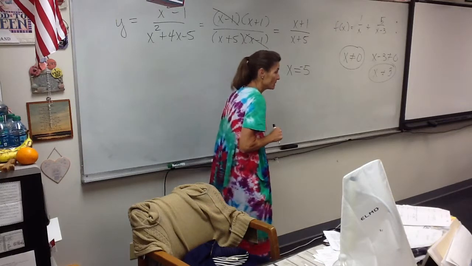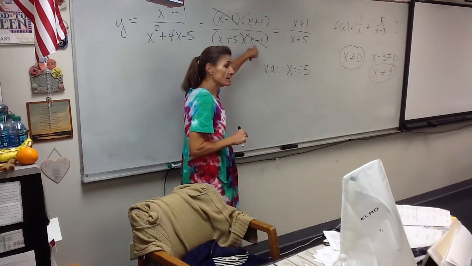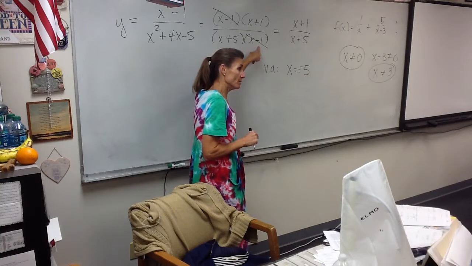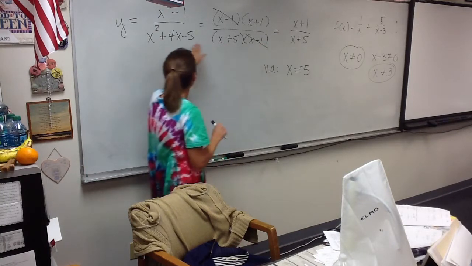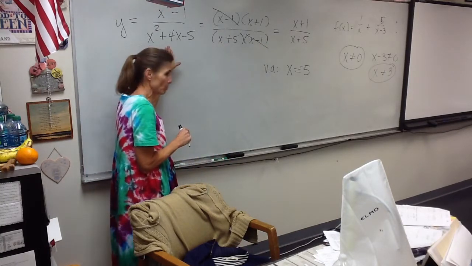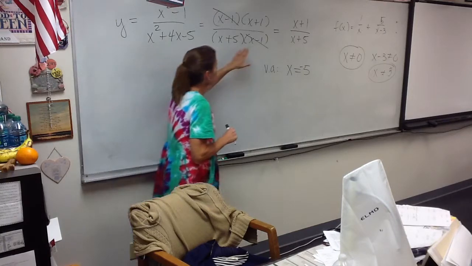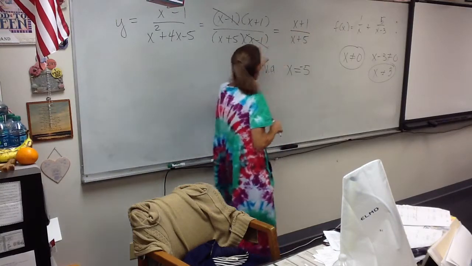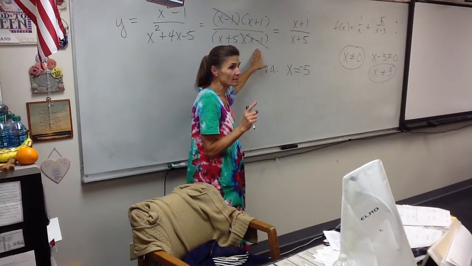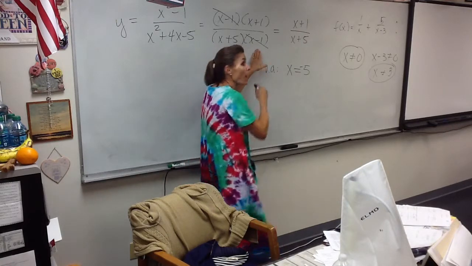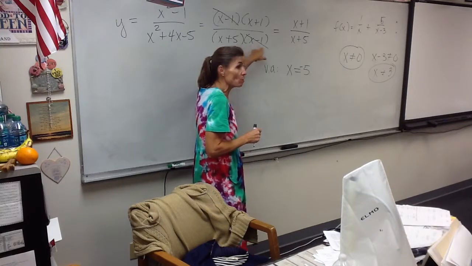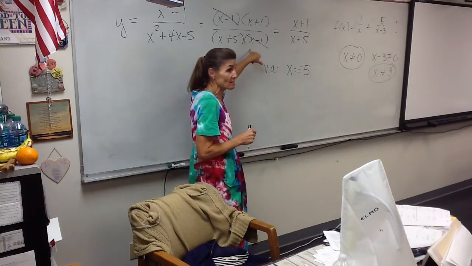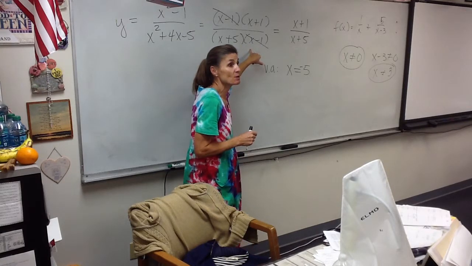But this guy used to be in the problem. He is part of the original problem. So even though I'm allowed to cancel him out and rewrite my problem, I can't ignore the fact that there was a problem. If I let x be 1, I would have also had a 0 in the denominator in the original problem.